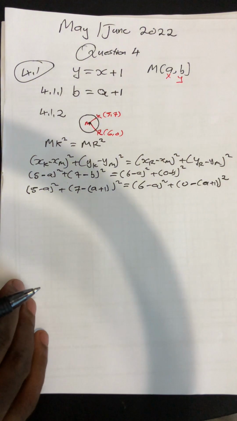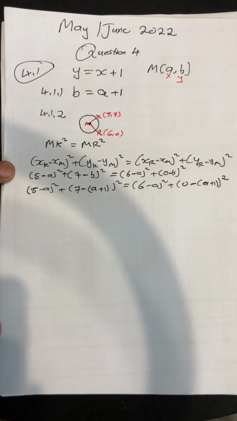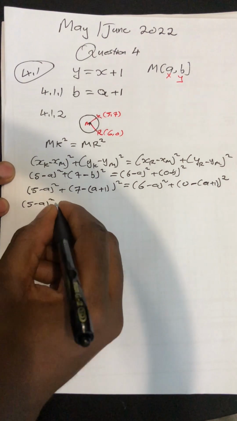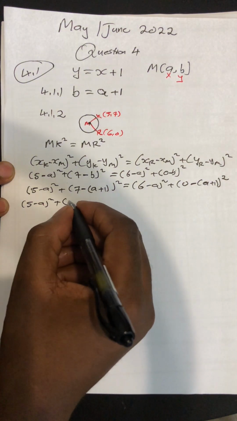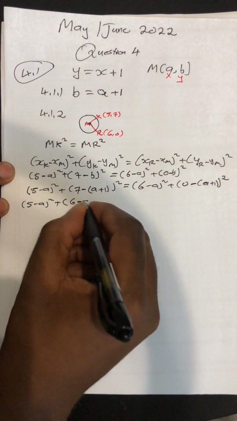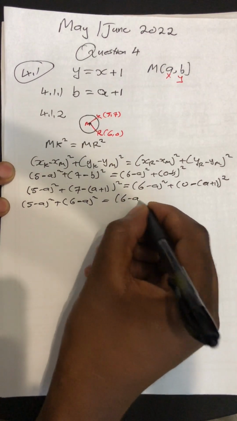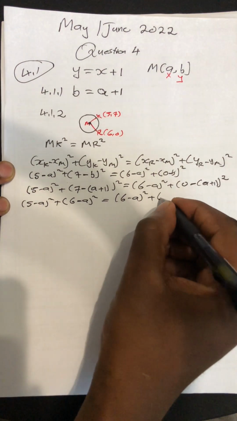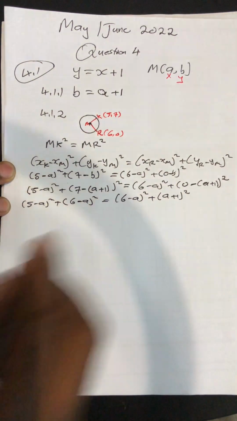Then from here we can try to simplify this and check our solutions. We're going to have (5 minus a) squared plus (6 minus a) squared is equal to (6 minus a) squared plus (a plus 1) squared.